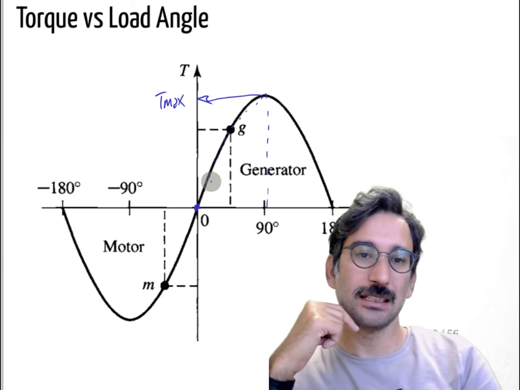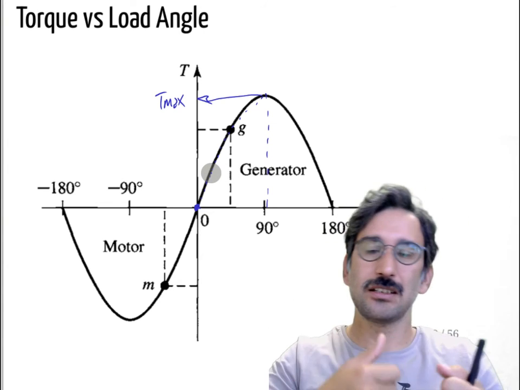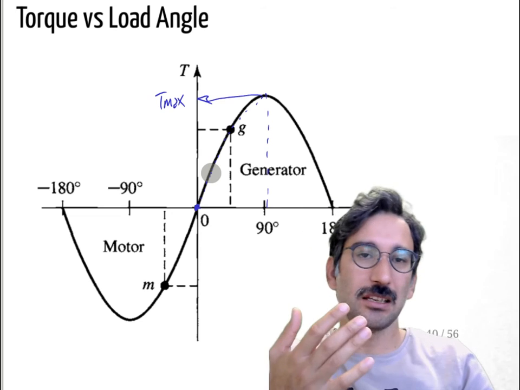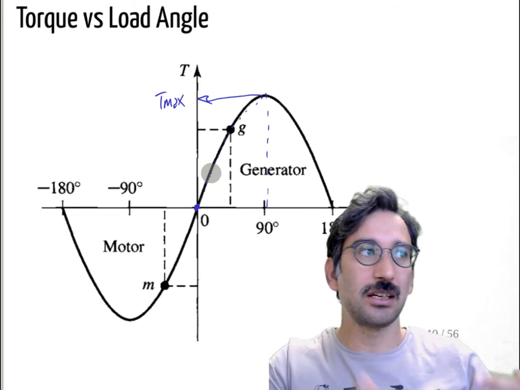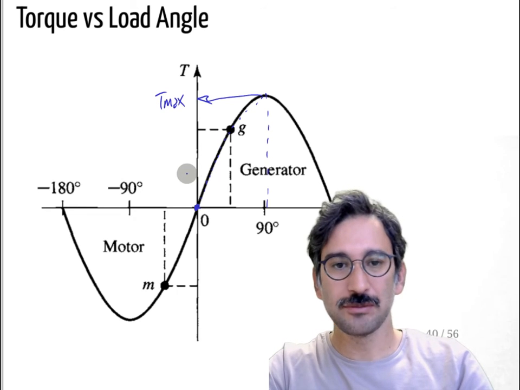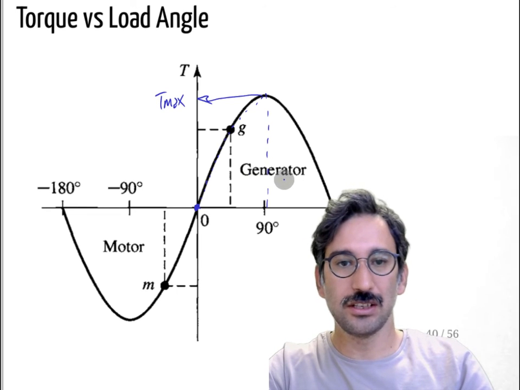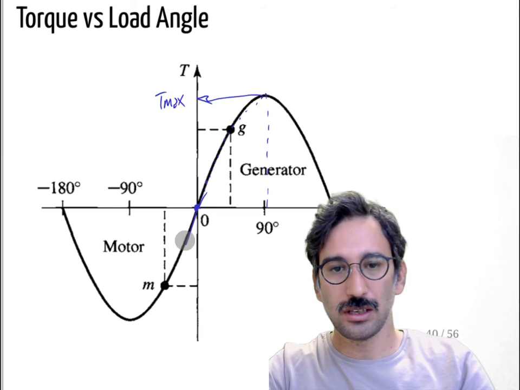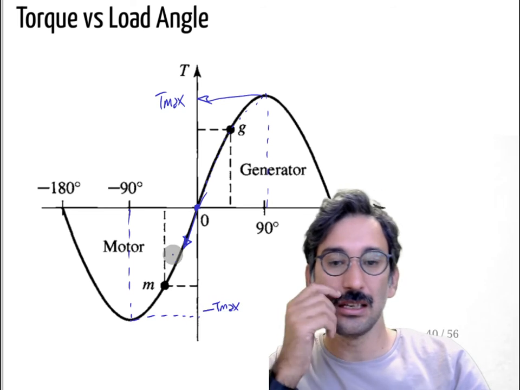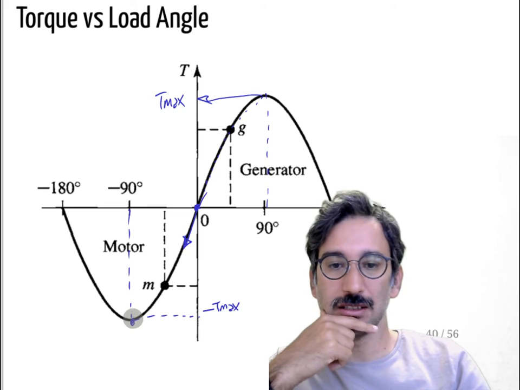And if it is pulling in one direction, for example, if your electrical system is lagging behind, or if you are applying some mechanical power to the rotor and that is generating the voltages, that is operating in the generator mode. Or if it is the opposite direction, again at minus 90 degrees, I have minus, let's say, T max. If it is a linear system, they are symmetrical.